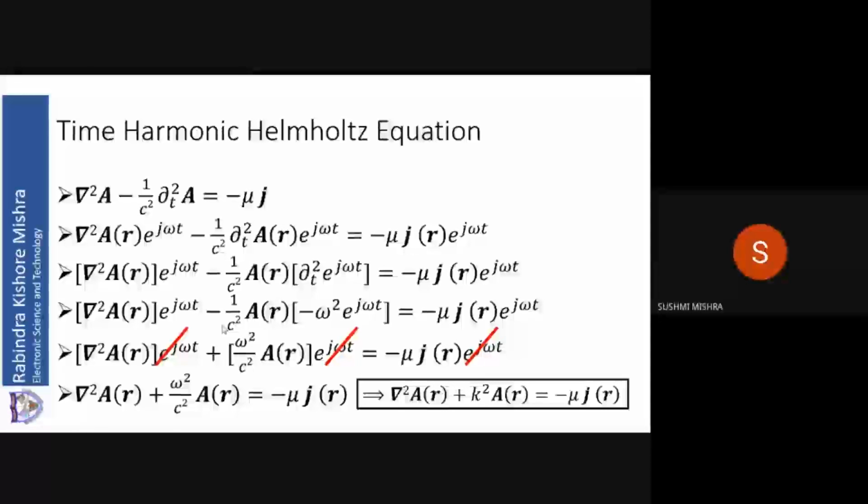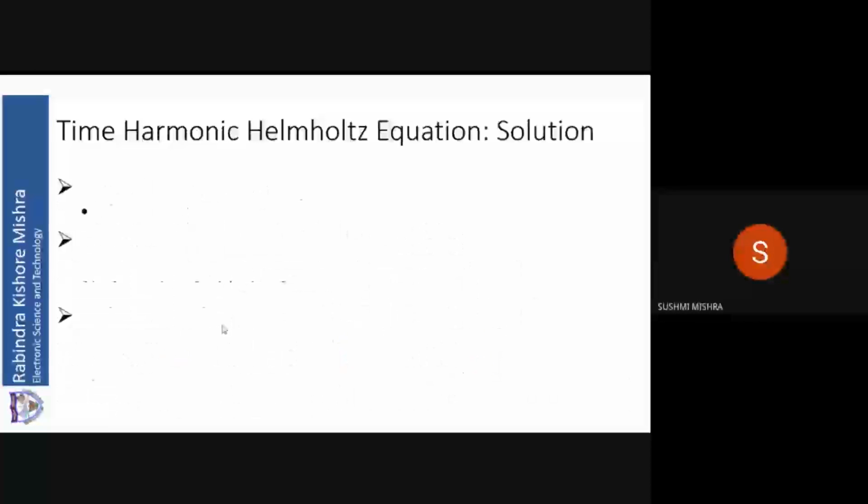What is vector? A and J are vector. Therefore, we can solve it for each component of A and each component of J. If we are considering spherical coordinate system, we can have it for AR, A theta, A phi, JR, J theta, J phi.